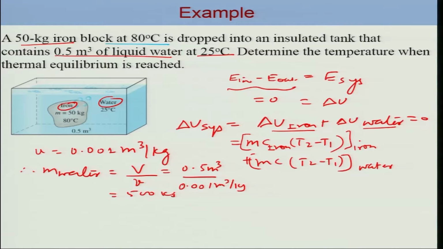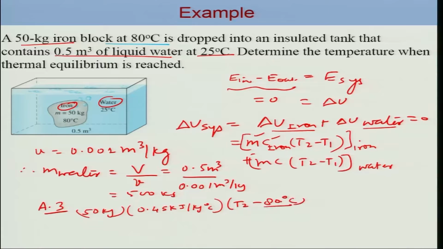Next we use a table to obtain the specific heat for iron and water. The table which contains this is Table A3, and then we plug in these values, because now we know the mass of iron and C of iron from the table. Let me write it down: 50 kg, and the specific heat of iron from the table is 0.45, times T2 minus 80, since initially the iron was at 80.